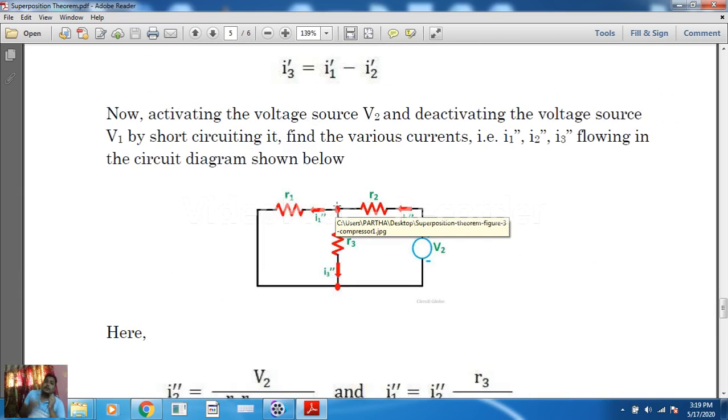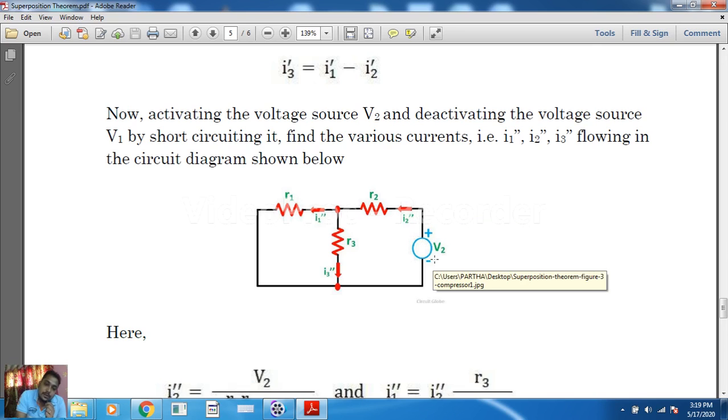Now the same procedure we can repeat when we are considering this V2. So when we are considering V2, this I2 double bar current is the source current, because now the source is V2, no longer existence of V1.